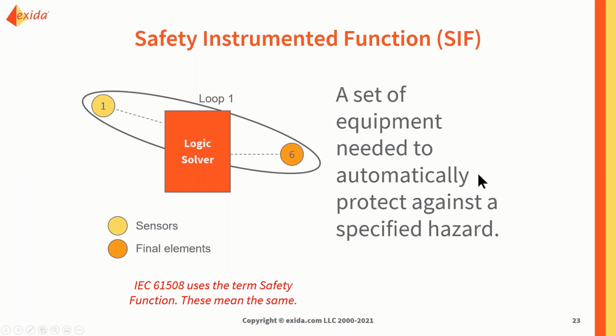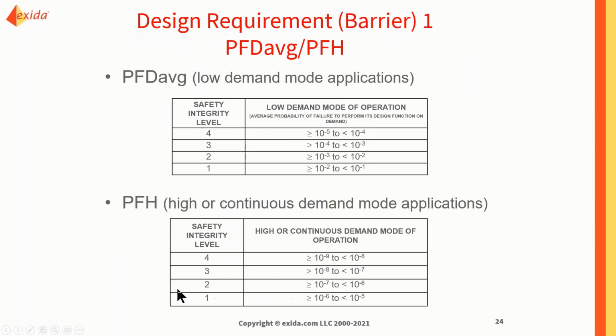One of the metrics or assessments we use to look at the performance of an SIF is its random hardware failure, which is represented by the PFD average and also the PFH, which is basically about how often it is going to fail. It is the probability of failure on demand.